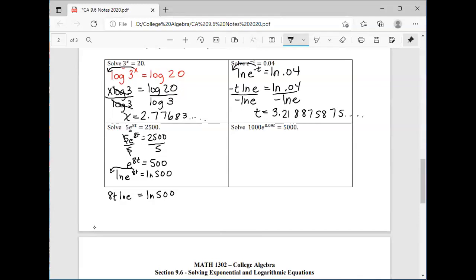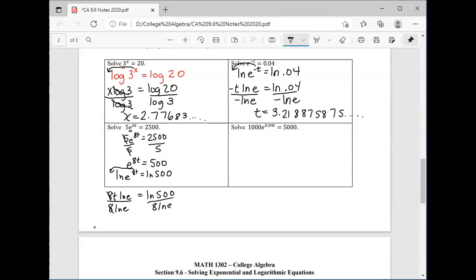I'm going to use these same steps because I don't want to confuse everybody, but you should recognize that the natural log of E is just what? 1, right? The natural log of E is 1. But our calculator will handle that for us. So really all I want left on this left side of my equal sign is the T. So I'm going to divide by the 8 and I'm going to divide by the natural log of E on both sides.